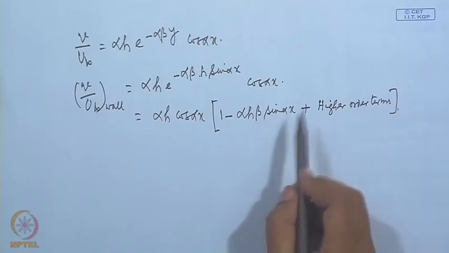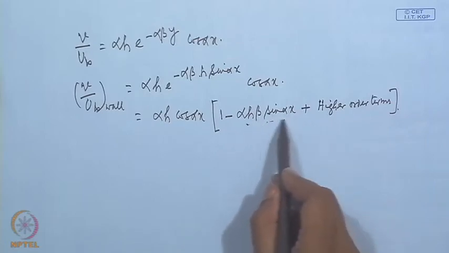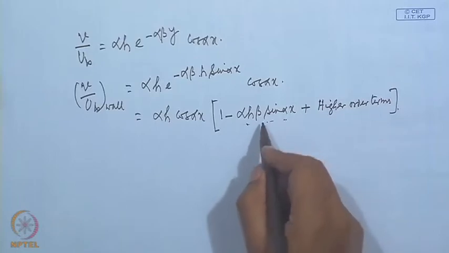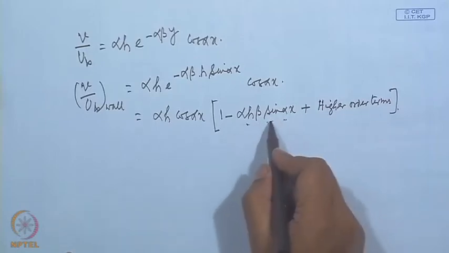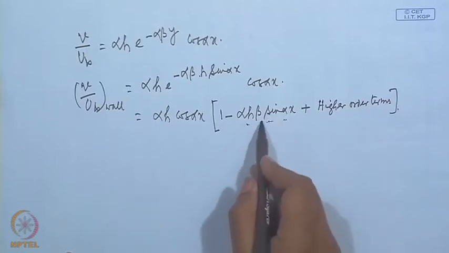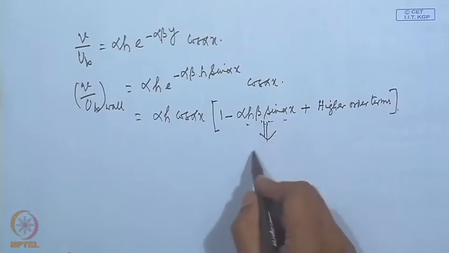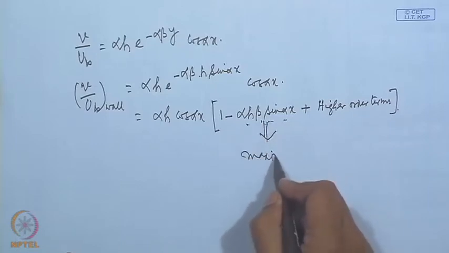Now, the maximum value of this second term is alpha h beta.